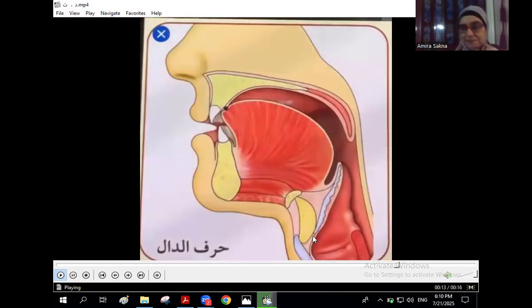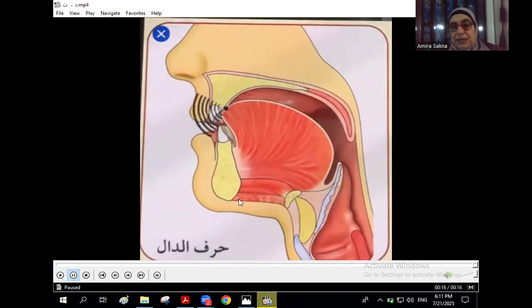Now it's dal. Dal is the same as ta, the only difference being that we leave the articulation point after being closed, but with a degree of force. So the sound which was blocked here behind the articulation point will be passed with a degree of force. This is what will cause the qalqala to happen.